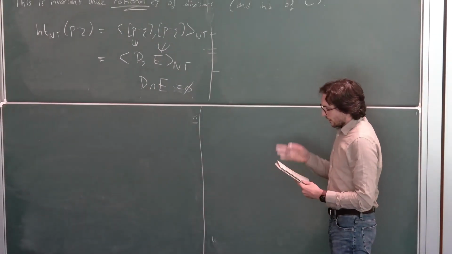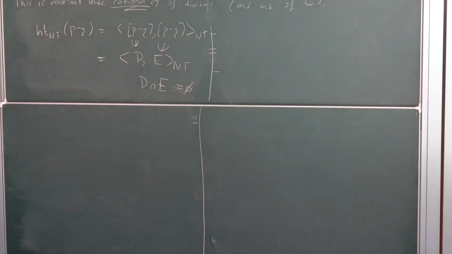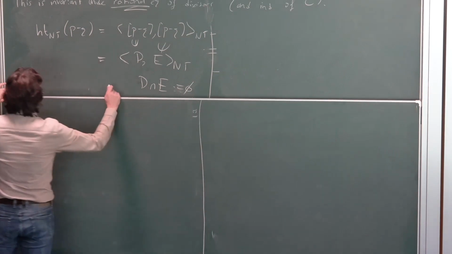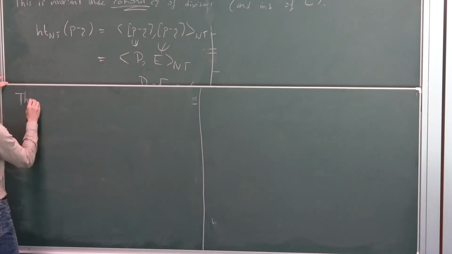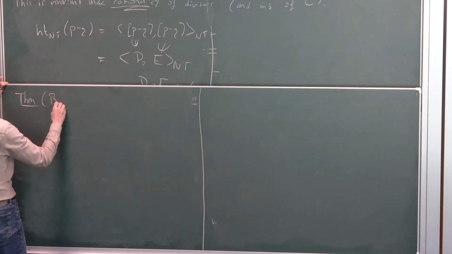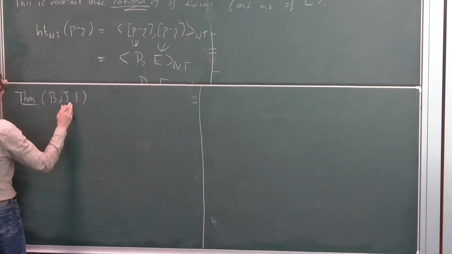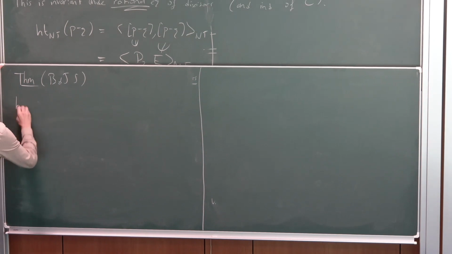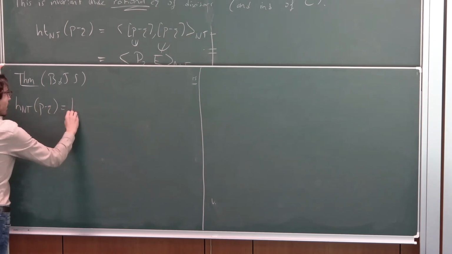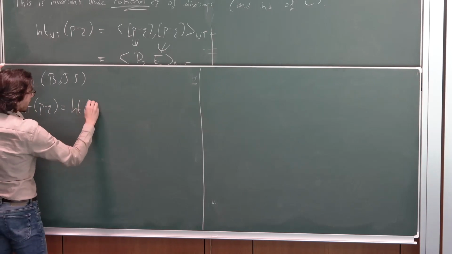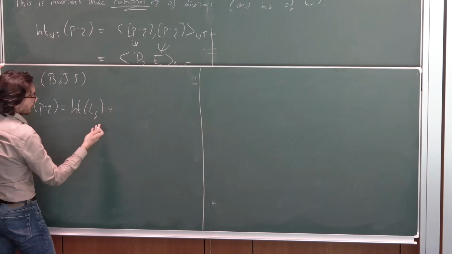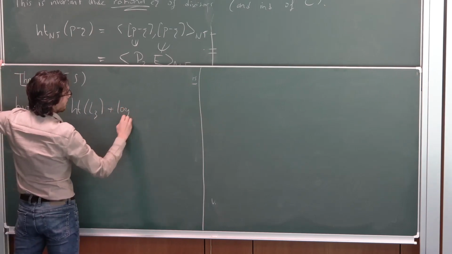Okay, so I think I have almost everything to write down the correct statement of the theorem now. So I want to say the Neron-Tate height of P minus Q is the height of psi. Now you have to pay for choosing a stupid psi if you've made a bad choice.